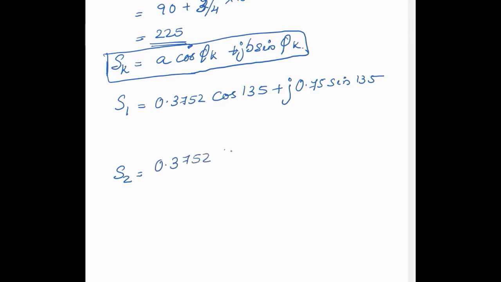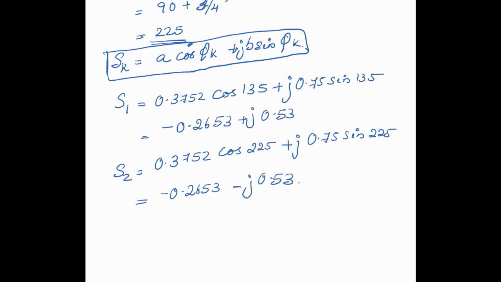0.3752 cos 225 plus j 0.75 sin 225. Okay, so in a calculator you can just place 0.3752 cos 135 plus 0.75 j sin 135.